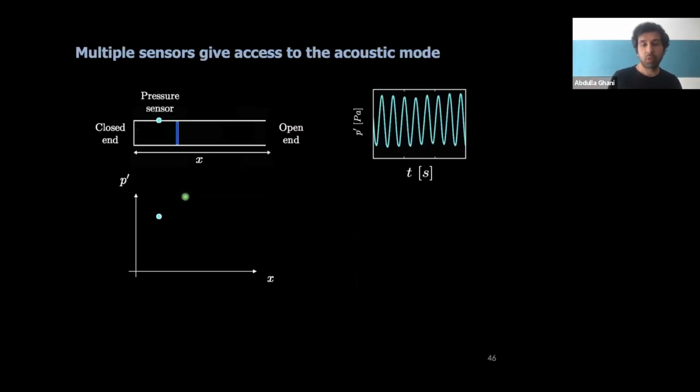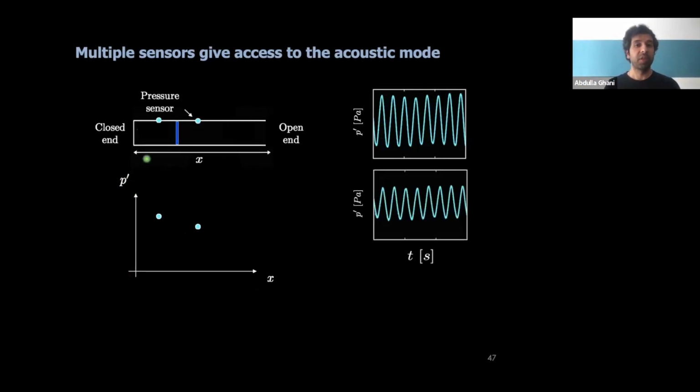Another thing we also use, in labs especially: you have one pressure sensor, and you have access to the frequency and the amplitude in time. Then I plot this here: X is the length of this generic combustion chamber, and the pressure fluctuation amplitude is on this axis. Now I put a second pressure sensor, and I see the frequency is the same, but the amplitude decreases.